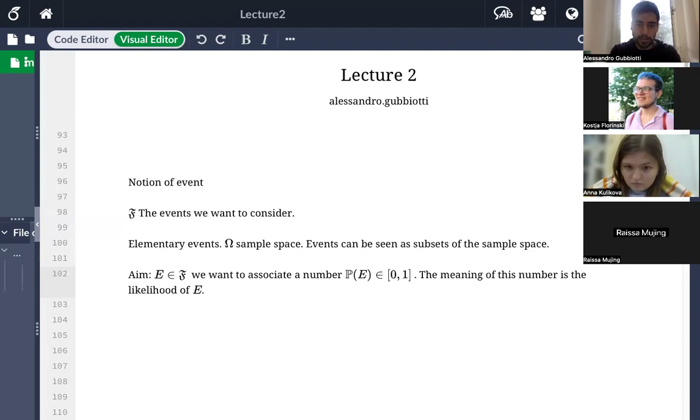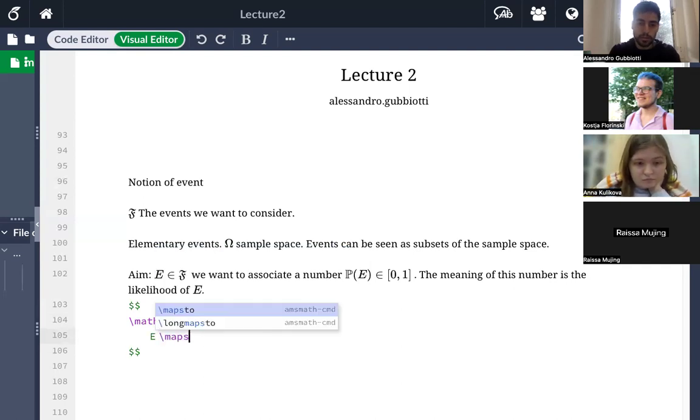But in many cases, it is intuitive. So in practice, the probability is a function that goes from this set of events that we want to consider to [0, 1], and which associates to each event this number.